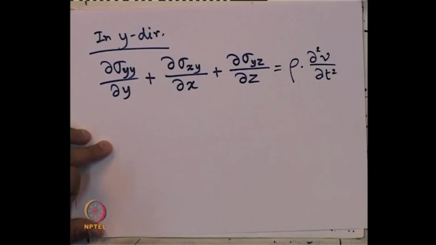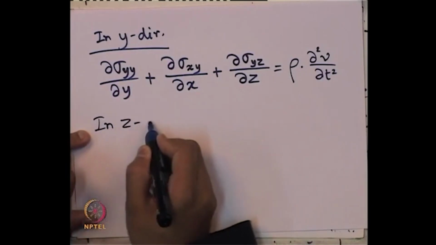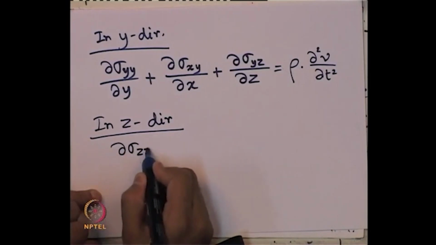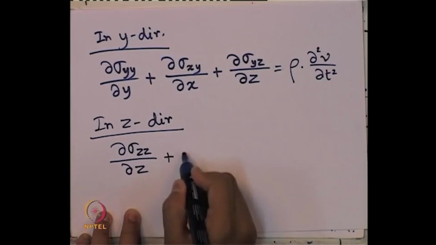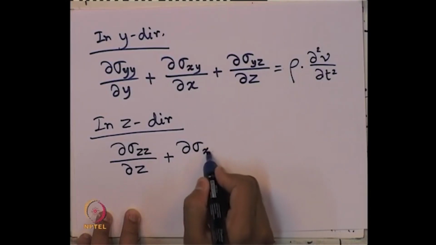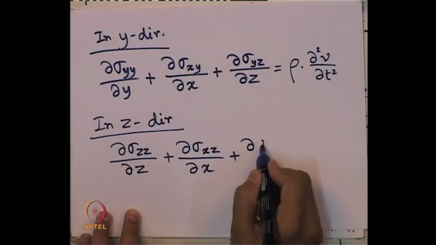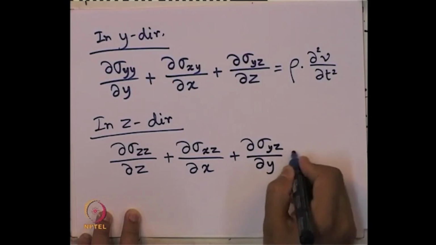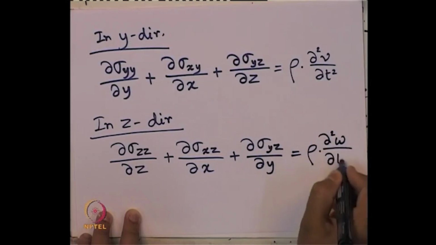And we will get in z direction in the similar form del sigma z z by del z, that is the normal stress, plus del sigma x z by del x plus del sigma y z by del y equals rho del square w by del t square.